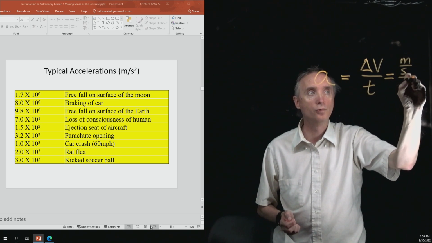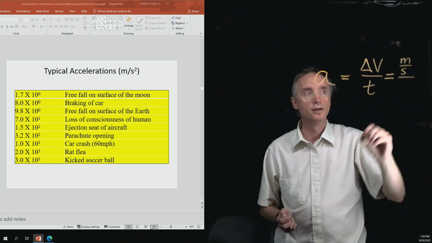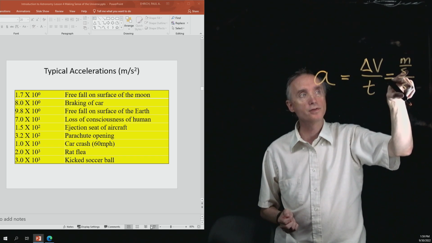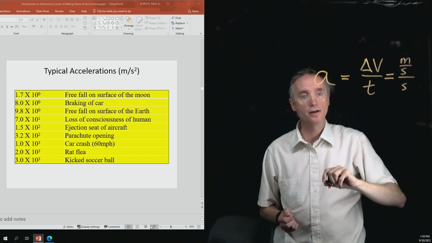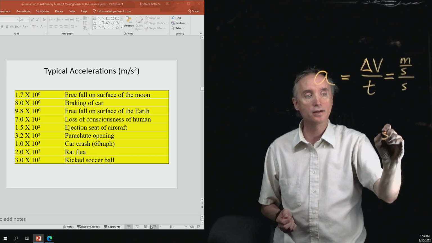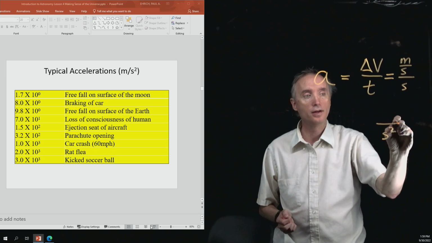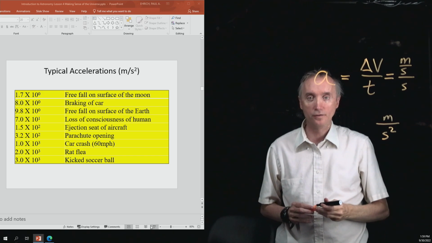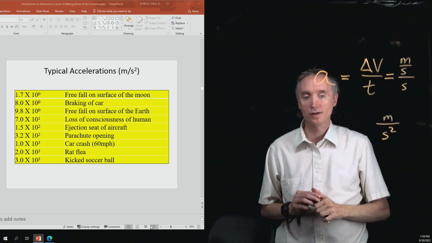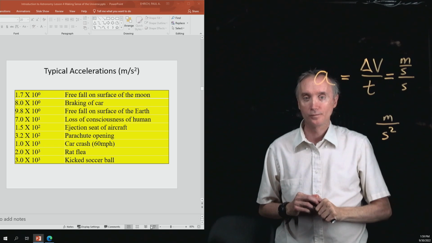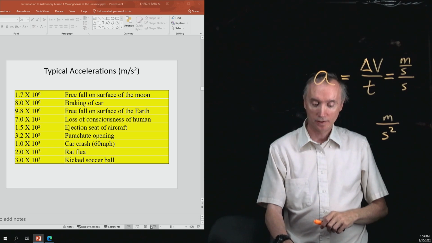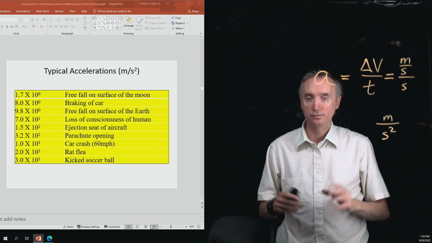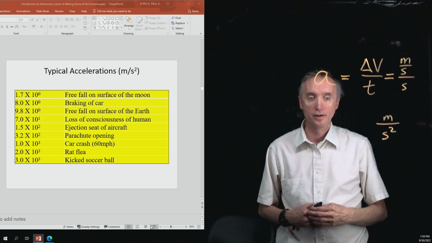And what was the unit for time? The second. When you put this together, this second and this second go together to make seconds squared, and the meter is still on the top. So the units of acceleration are meters per second squared. Here are some typical accelerations for you, just to look at, so don't get too worried about it.